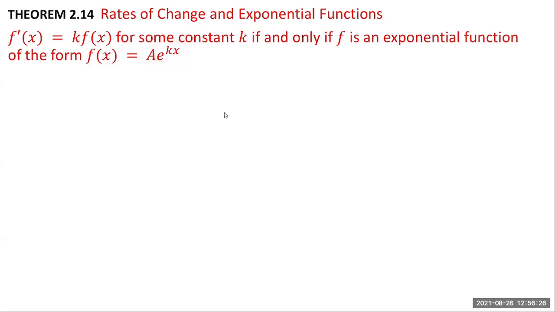On the other hand, if your original function is of the form f of x equals a times e to the power kx, then the derivative of that function should be k times f of x. This is an interesting theorem in this section. We are not going to prove this theorem, by the way. This is an interesting property of exponential functions.